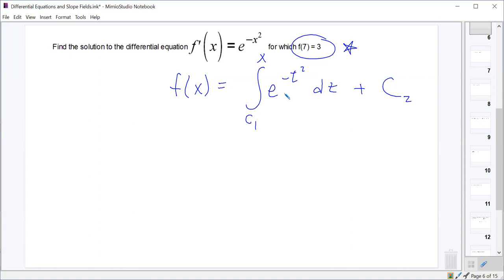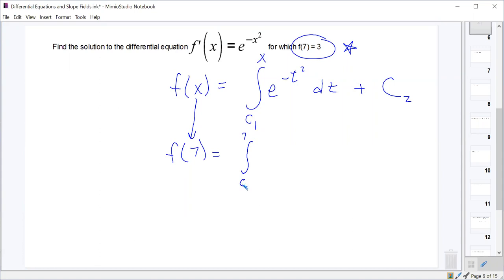So what is f of 7 then? How would I rewrite this whole integral expression that I have? Everywhere that I see an x, I should replace it with a seven.